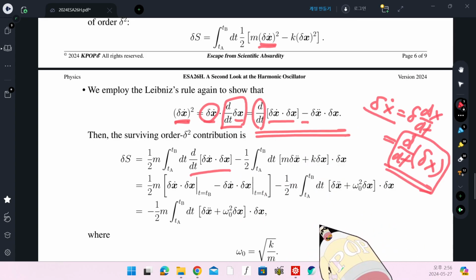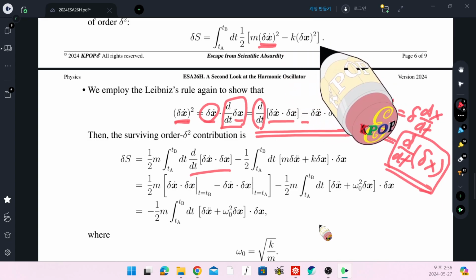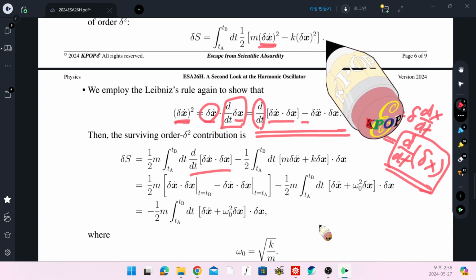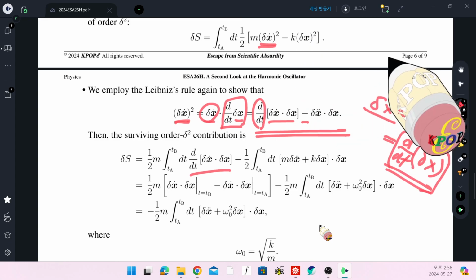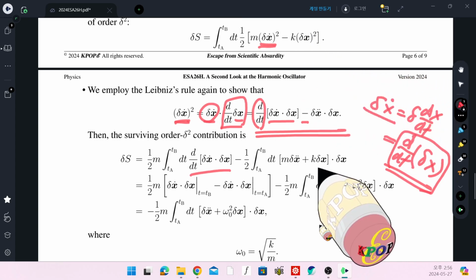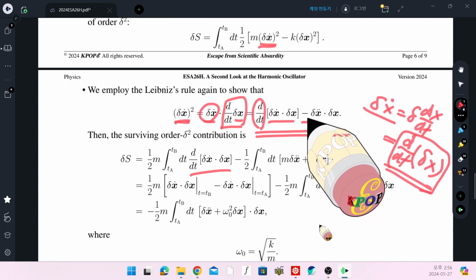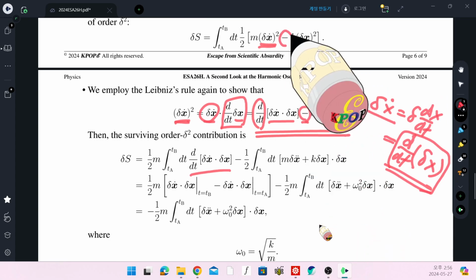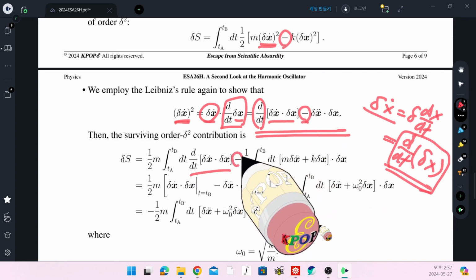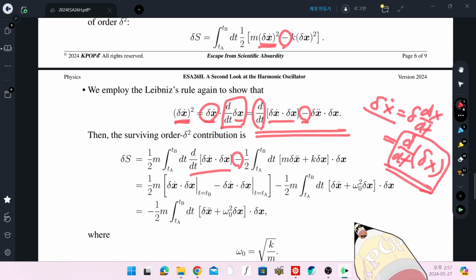Next, we have minus k delta x squared. That is explicitly delta x squared. We don't have to modify it anymore. And if we bring it in here, because both of them have a negative sign, we have factored this negative sign out.